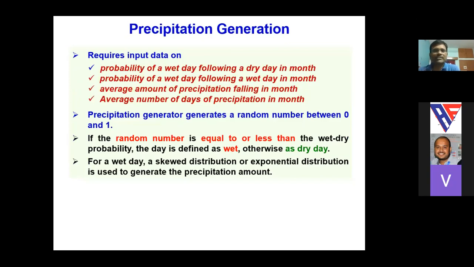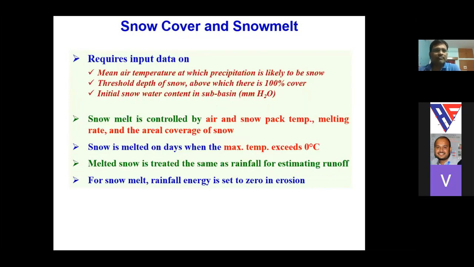It generates basically based on the dry day and wet day approach. As I told you, after precipitation, temperature is one of the important inputs for the SWAT model. If there is any snow cover or snowpack in the watershed, it will automatically be considered, and it will generate the required output for the model.